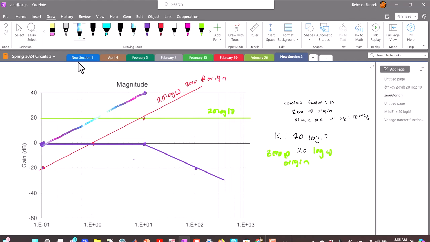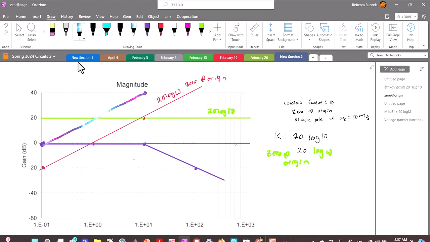Okay, now you want to think about what's happening beyond here. So beyond this point, we have the same 3 that we had before. Well, really just 2. We still have this red line, we have this green line, but now we've added a line that has a slope of minus 20.